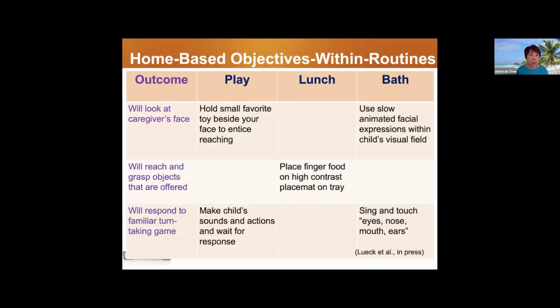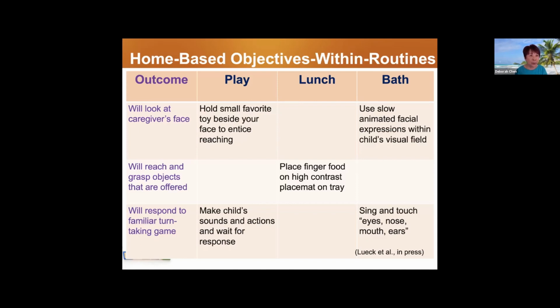So I'm going to show you a routines-based objective matrix for a hypothetical 2-year-old with CVI and additional disabilities. So this mother wanted the child to look at her face and, of course, to reach and grasp objects, and we wanted the child to participate in turn-taking games.